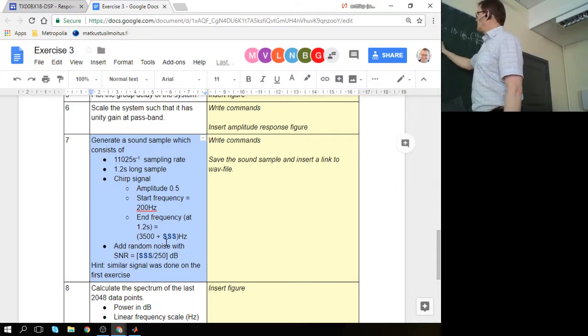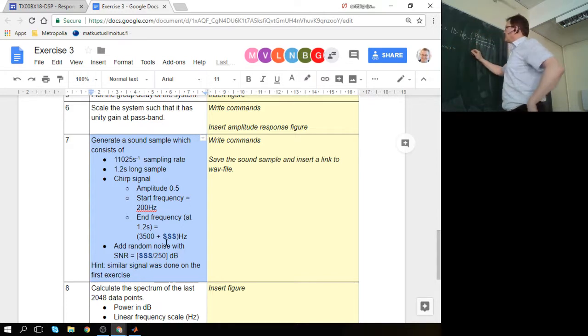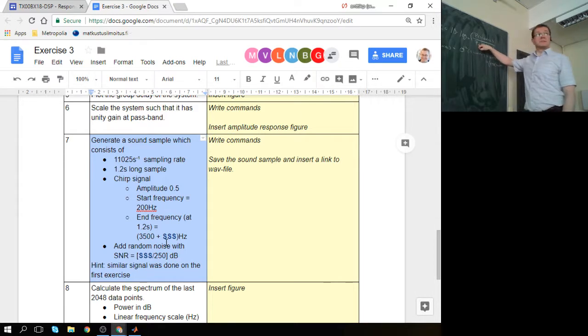Power of signal is the same as the variance of signal, which is the square of the deviation. So it's the variance of signal, or standard deviation of the signal to the power of 2. Same thing for the noise.